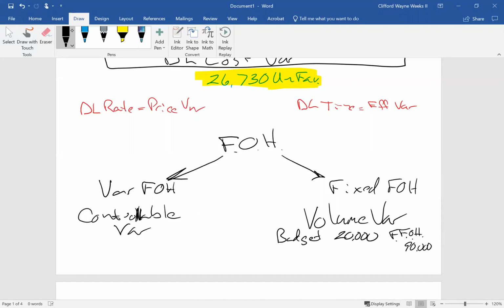If we had fixed factory overhead of 90 and we budgeted 20,000 units, our budget would have equaled 90 divided by 20, a beautiful $4.50 per unit.